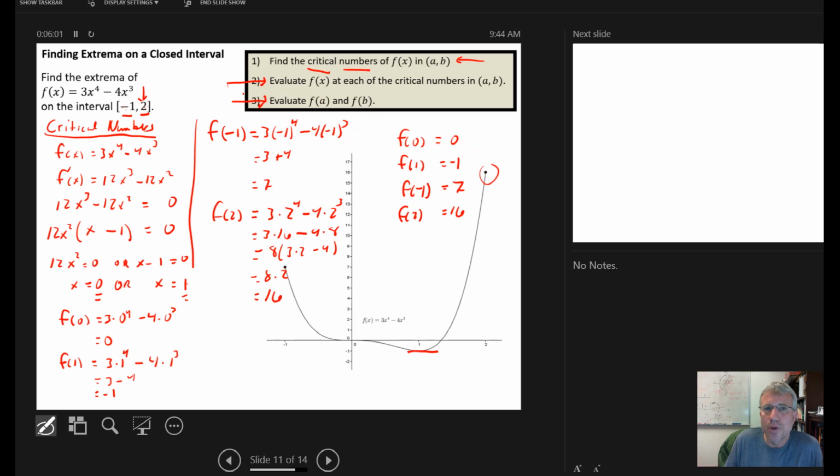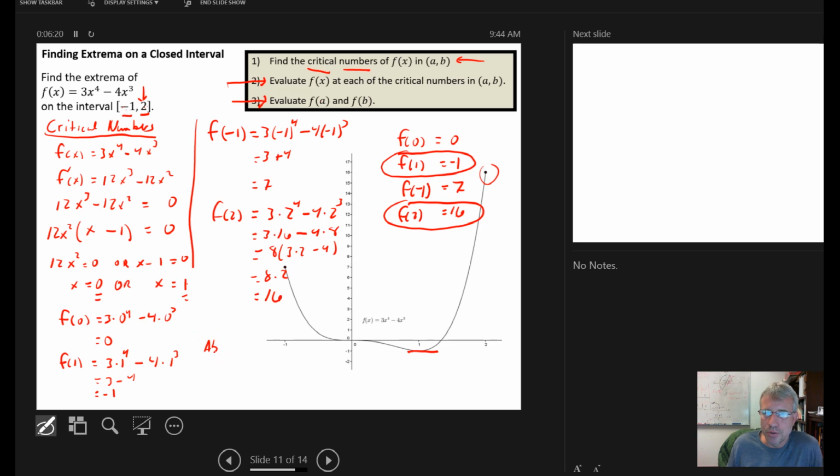Step 4 of the process of finding the extreme values is just to look through the list of outputs you have and say, which is the smallest? There's your absolute minimum on that closed interval. Which is the largest? That's your absolute maximum on that interval. And then you draw a conclusion.